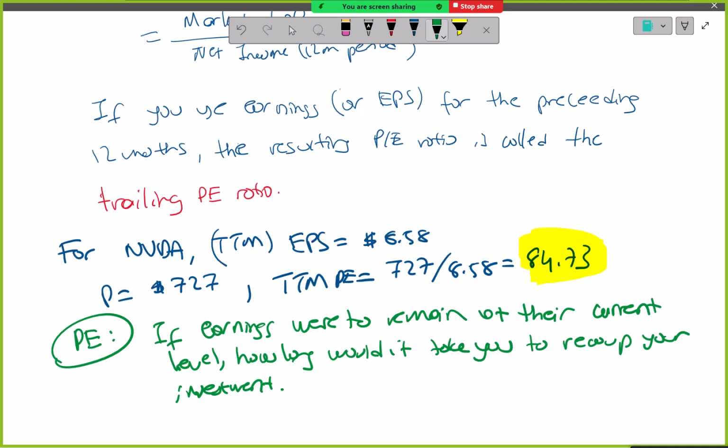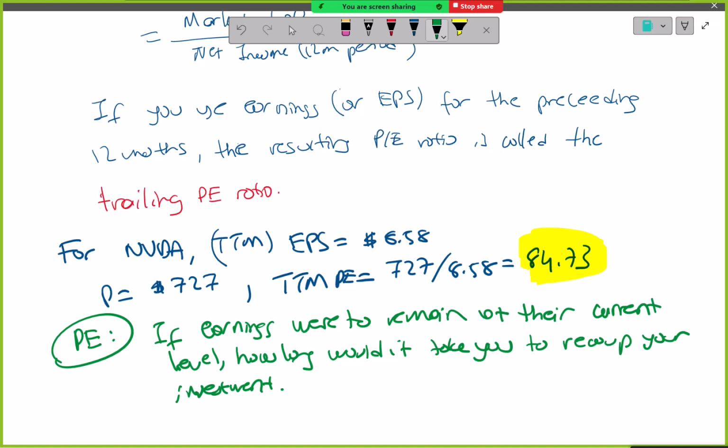What's wrong with that analysis? I mean, NVIDIA just year to date made about 50%. Okay? Why? I mean, people are buying this stock even though it has a PE of 84. We're going to wait for 84 years.